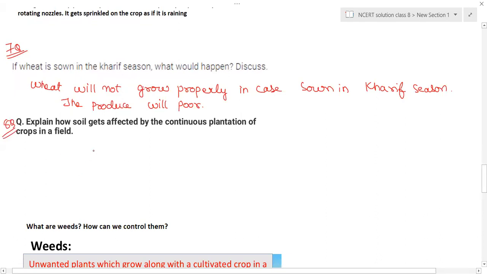Explain how soil gets affected by continuous plantation of crops in the field.